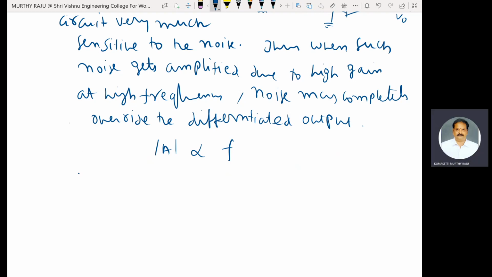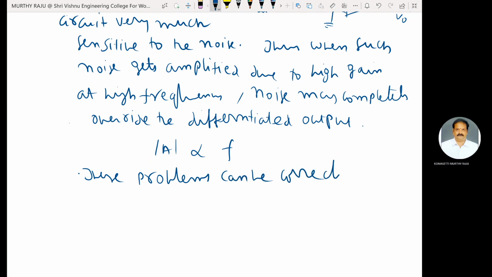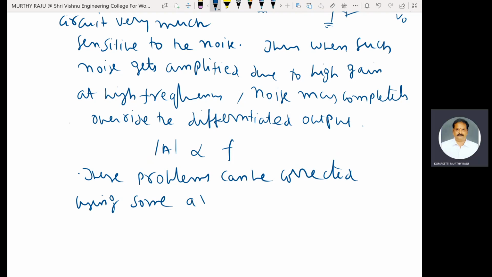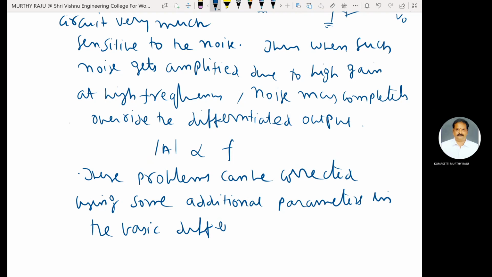These problems can be corrected using some additional parameters in the basic differentiator circuit.